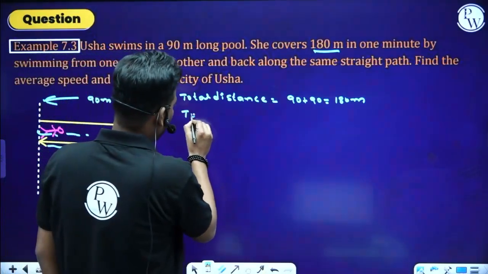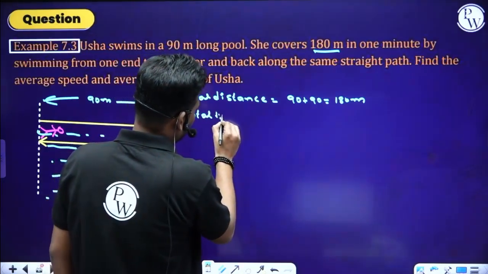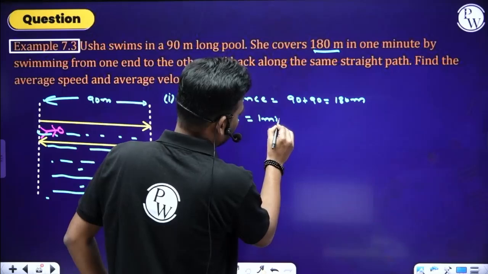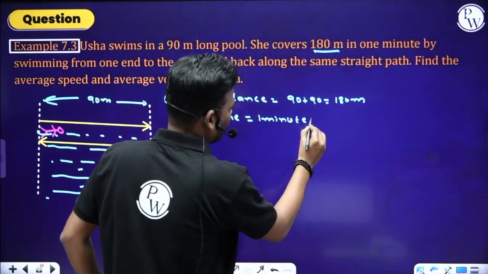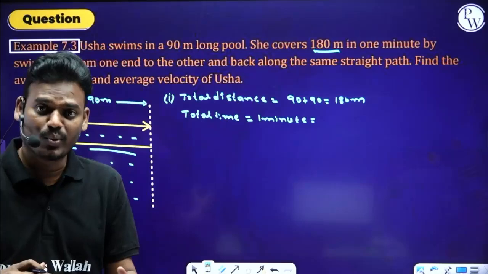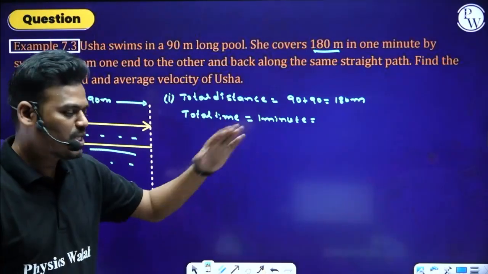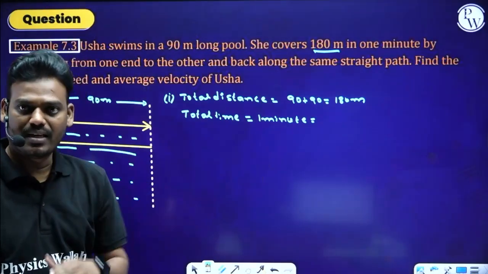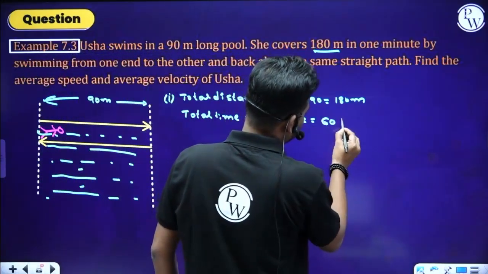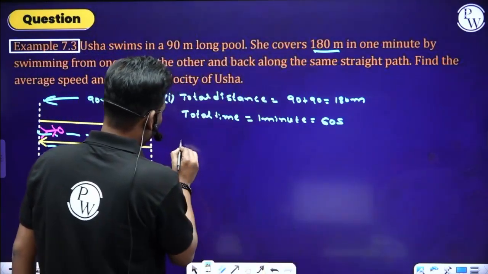And total time equals 1 minute. Convert that into SI unit. If the quantities are given in a different system of units, first you need to convert them into the SI system. Now, 1 minute is equal to 60 seconds.